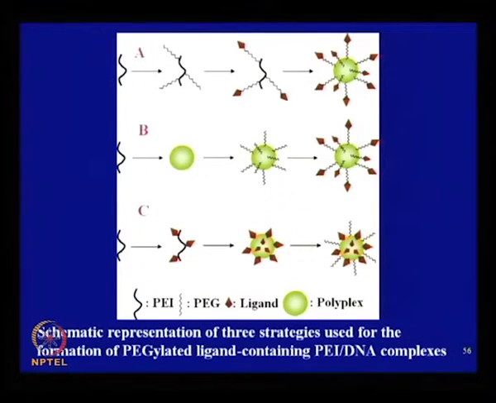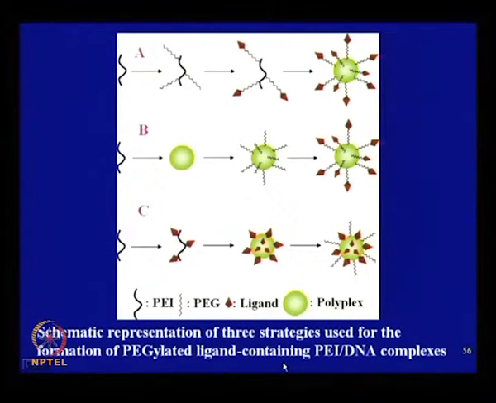Beyond a certain limit, it is water insoluble, but it is hydrophilic because of the presence of oxygen atoms. Now, to this polyethylene glycol polymer, some drugs can be attached. You see, there are various ways, various strategies.